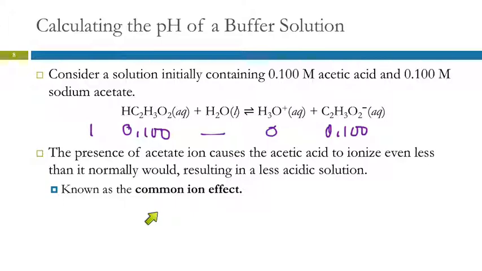It's called the common ion effect. When this ionizes, it forms these two things. If we add a common ion to this, then it inhibits the ionization of the acid. So we have a less acidic solution than if we just had acetic acid present.